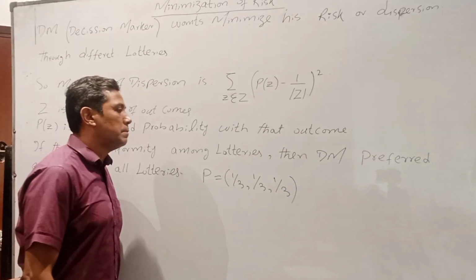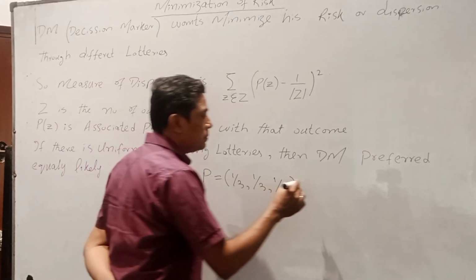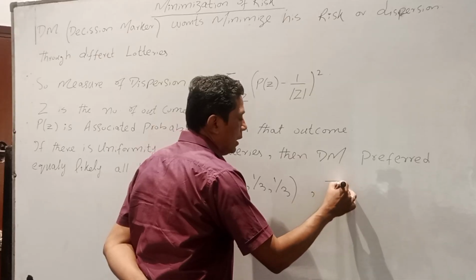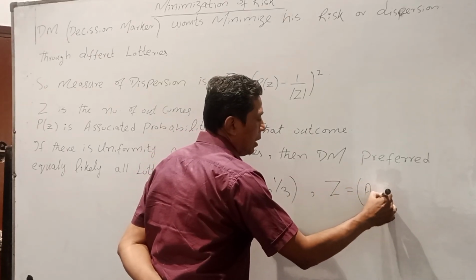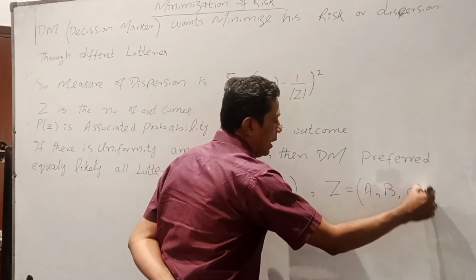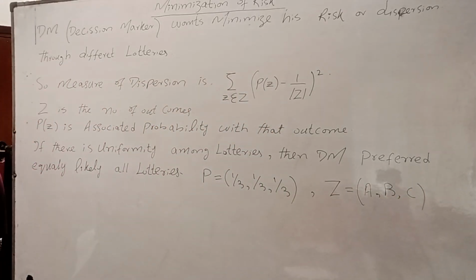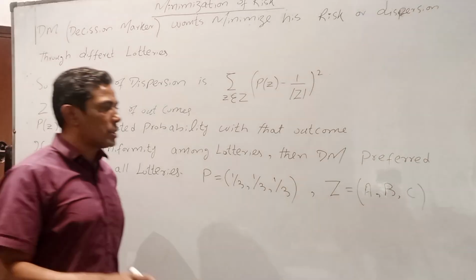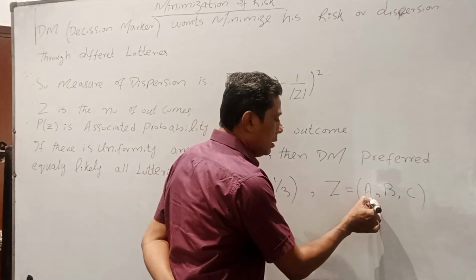What does it mean? Let's say Z has A, B, and C. Z consists of a set of three possible outcomes.